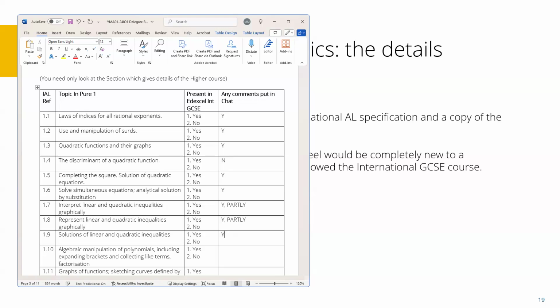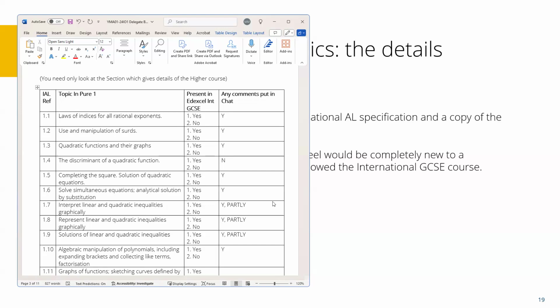Sorry, that should be a Y. So the linear part of it is a yes. There's some easy quadratics on the GCSE, whereas they get a bit more complicated within Pure 1. Algebraic manipulation of polynomials, including expanding brackets, collecting like terms and factorization, that's a yes.